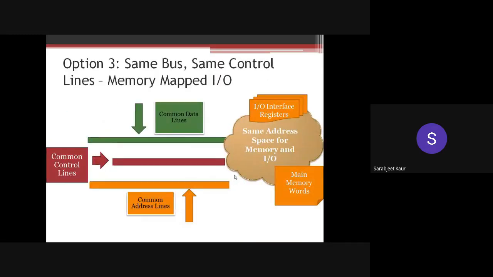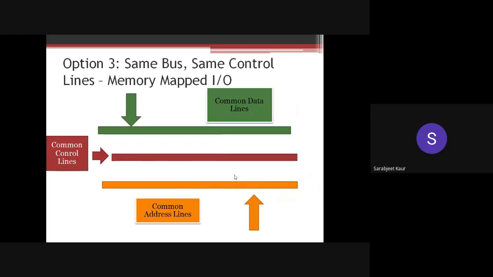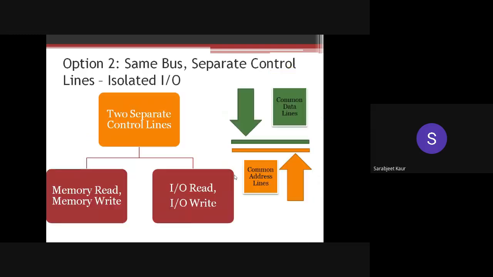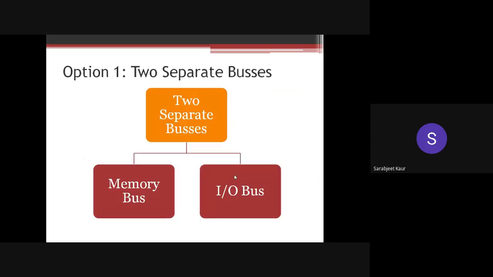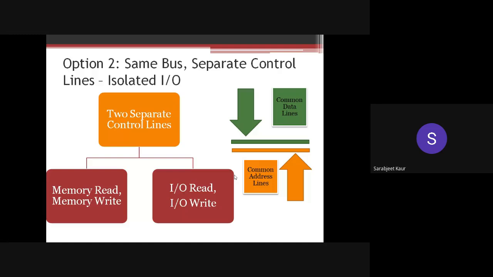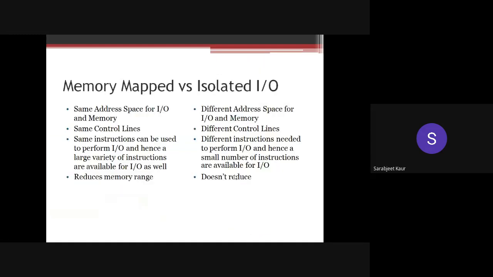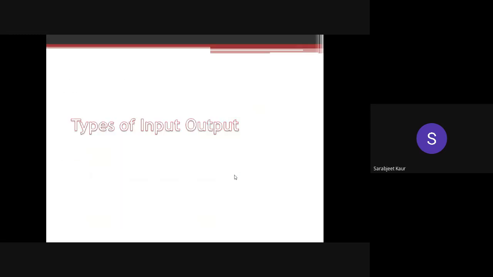So the last case where we have the complete same bus along with the control lines is called memory mapped IO. And the other two options, that is option 1 and option 2, are known as isolated IO, right? This is what we did last time. Then we saw certain differences between memory mapped and isolated IO, right?